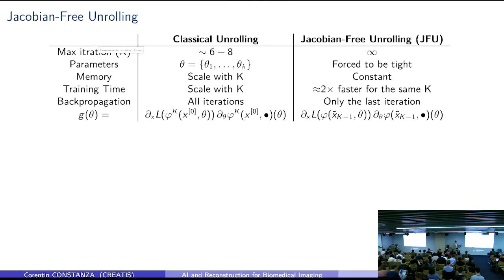We will call that Jacobian-free unrolling in the rest of this presentation. In practice, the main difference is that you are no longer limited by the number of iterations. You can do as many iterations as you want, because the memory consumption is constant, and it's approximately twice as fast for the same number of iterations.